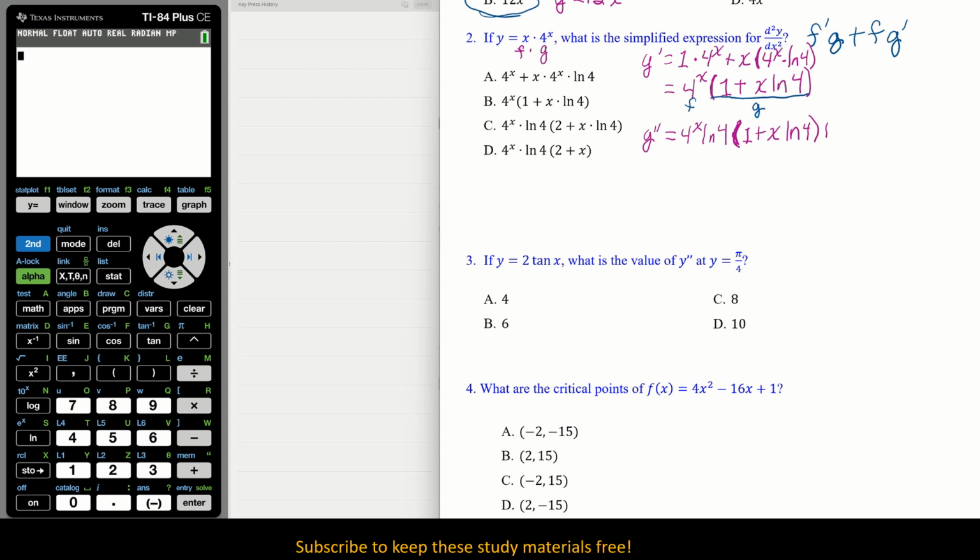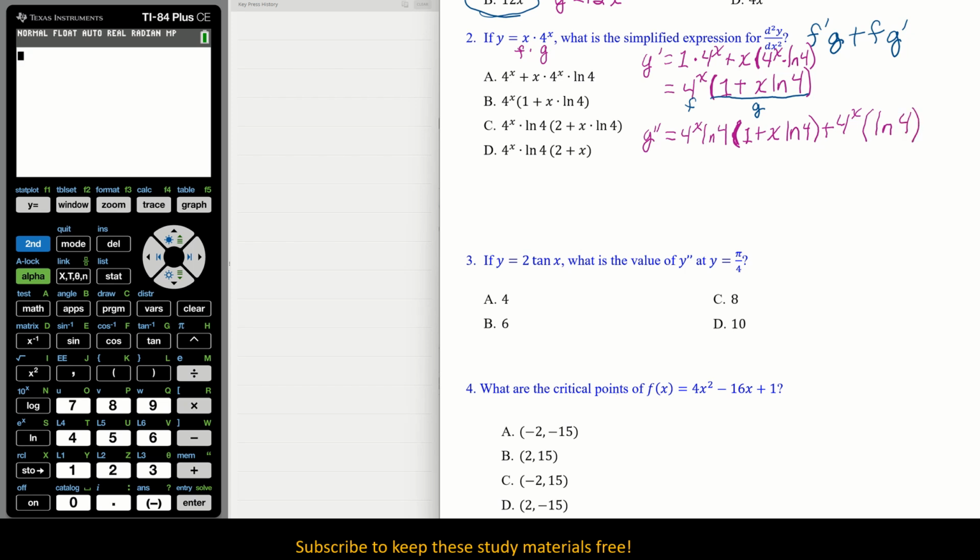Then we add f as it is, which gives us 4 to the x, multiplied by g prime. And g prime of 1 plus x ln 4 is simply ln 4.